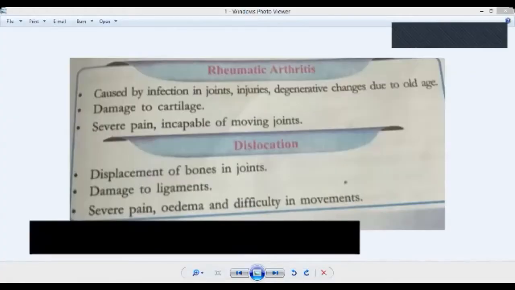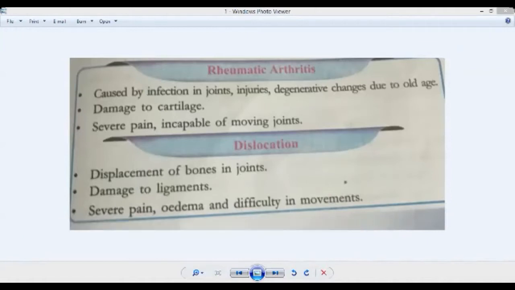The disease name is rheumatic arthritis, and it is caused by infection in joints, injuries, and degenerative changes due to old age. So when it is old age, arthritis will be there.